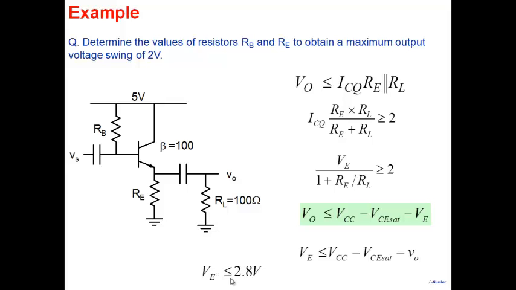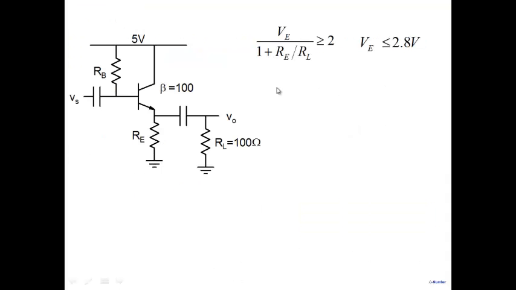Now we don't have another constraint for choosing VE. That's what I said. You have a choice to make here. So the choice is arbitrary to some extent, right? I make a choice of 2.5 because VE has to be greater than 2.